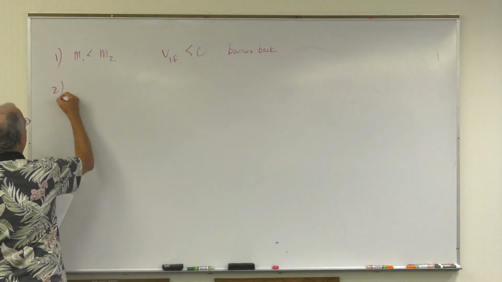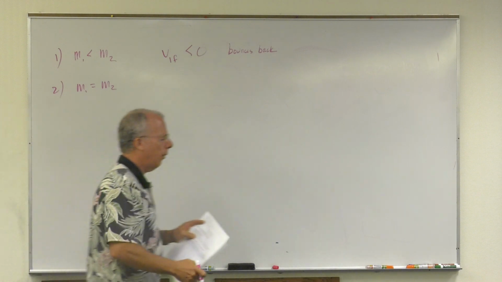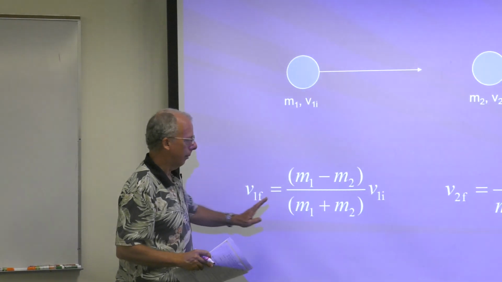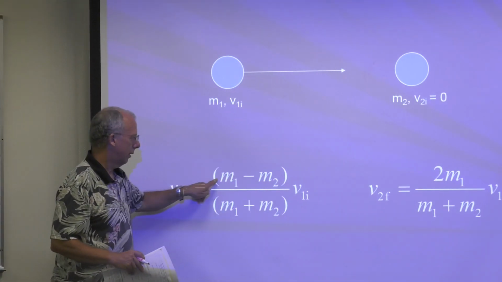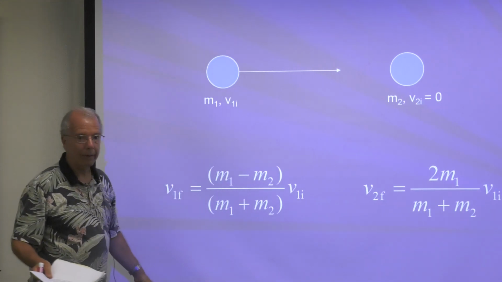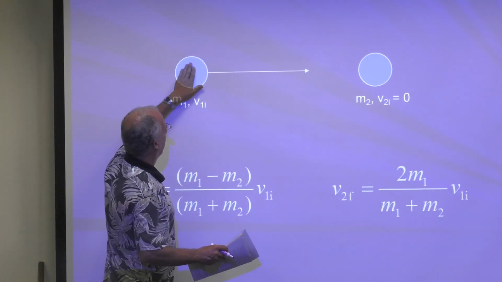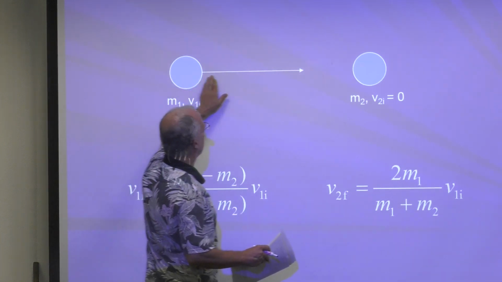Let's do the case where M1 equals M2. All I'm looking at is this one; I don't care about that one right now. If M1 equals M2, what's the numerator? 0. Agree? So if this has the same mass as this one, it's going to hit this one.